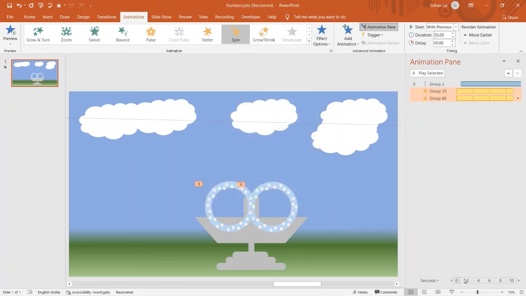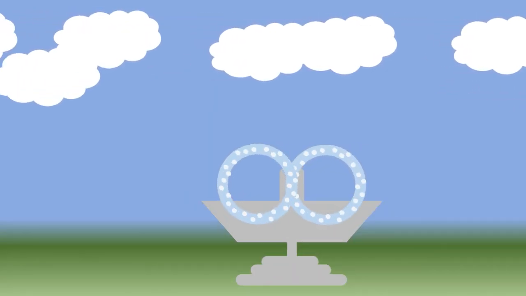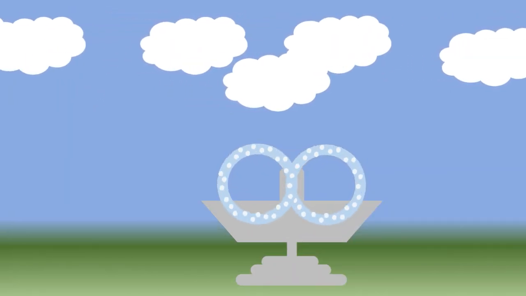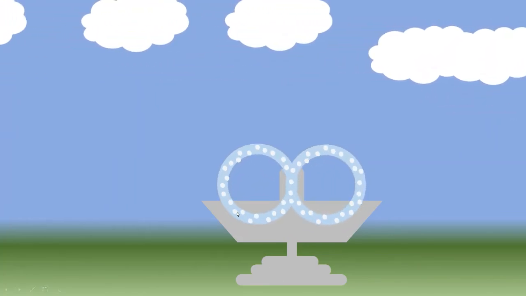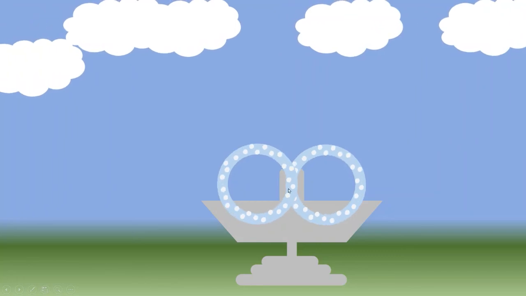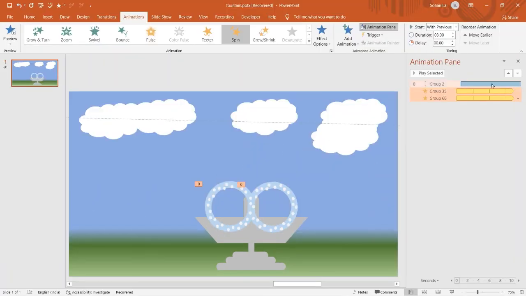And now see, this circle is moving this side, but it has to move the anti-clock side. So this is the second circle which is moving the wrong side.